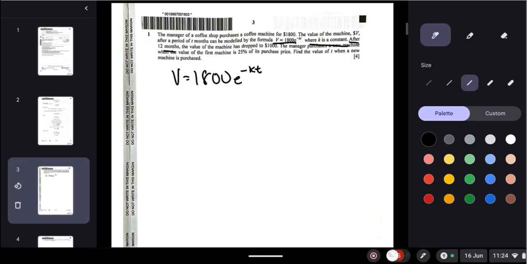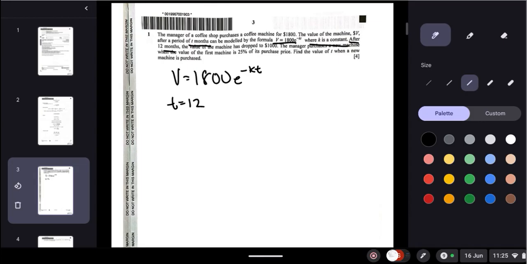After 12 months is basically the time, so t is equal to 12. We just need to see if it's given in months. t is given in months. Sometimes the question may confuse you and say years, but this question didn't give tricks, so it's months and you can easily write 12. If it was years, then you have to write 1.